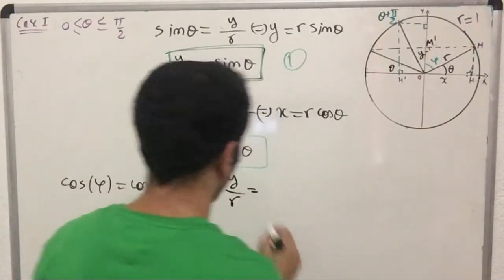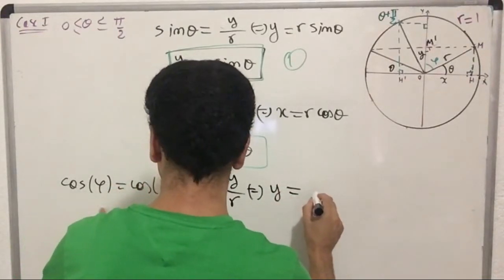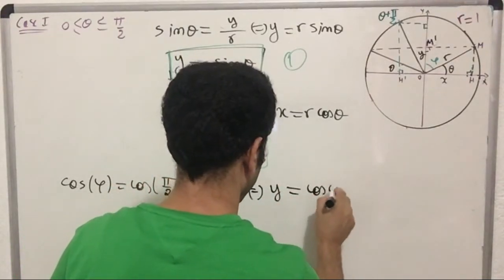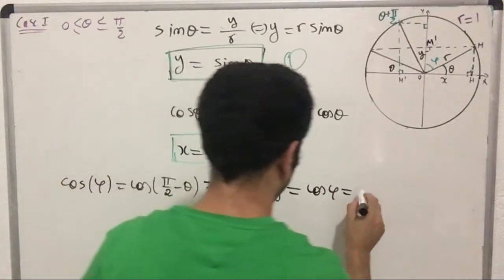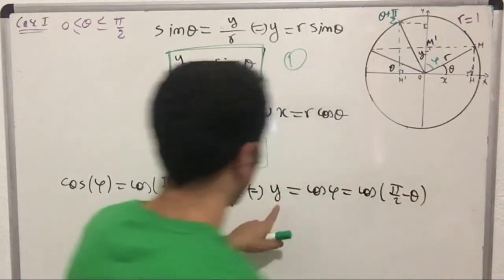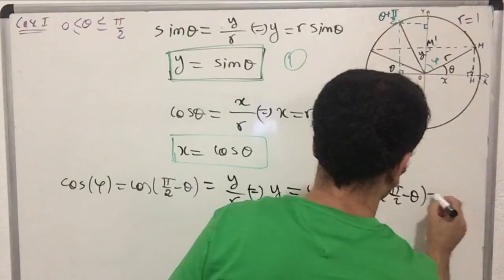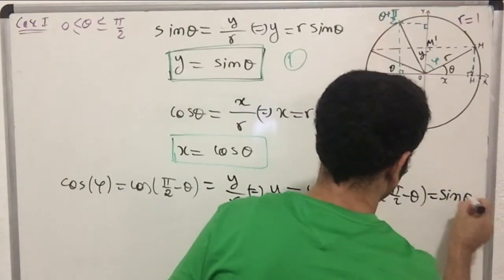Since r equals 1, y equals cosine phi. At the same time, cosine phi equals cosine of pi over 2 minus theta. What is y? We already calculated it. It was sine theta.